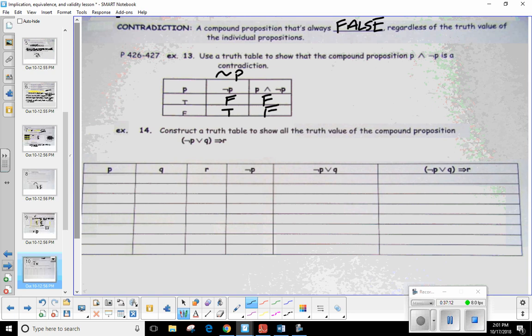False, true is false. So I ended up with nothing but falses. That's a contradiction. So these are very specific. If you get nothing but truths in your final column, that's called a tautology. That means it's a valid argument. If you get nothing but falses in the last column, we call that a contradiction. That is not a valid argument.